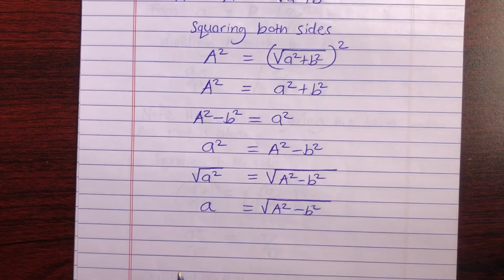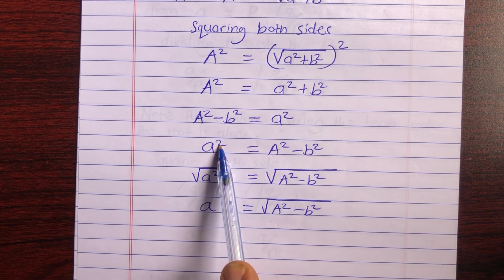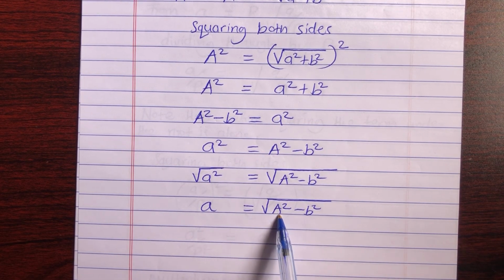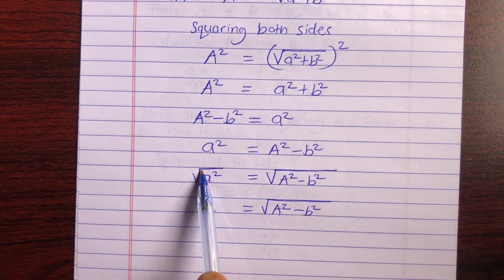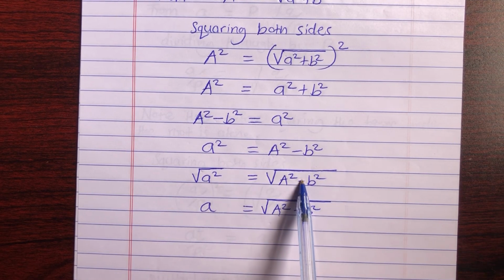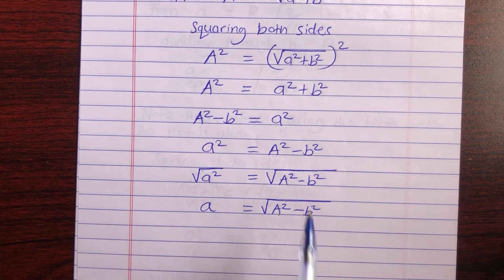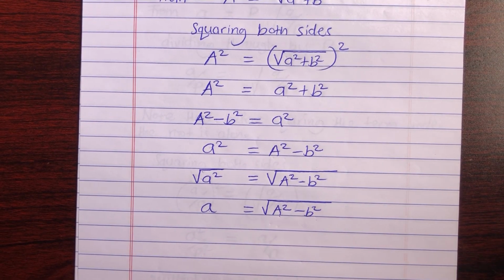After that, we now introduce the square root to reduce the square, so that we end up with a equaling the square root of A squared minus B squared. Remember, as we introduce the square root on this side, it should also be introduced on the other side. What is done on this side is also done on the other side, so that they are equally affected. So that gives us a as the square root of A squared minus B squared as our final answer.